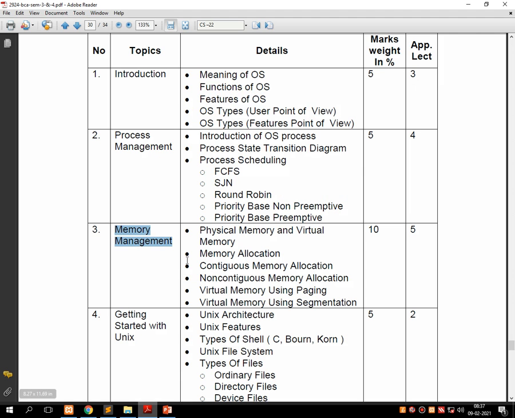The topics that we have to cover in this particular unit are these selected topics.